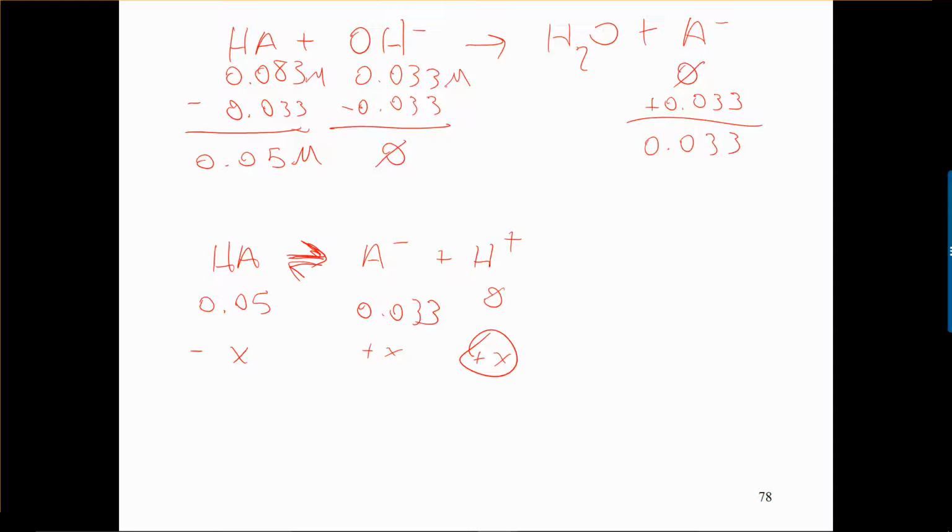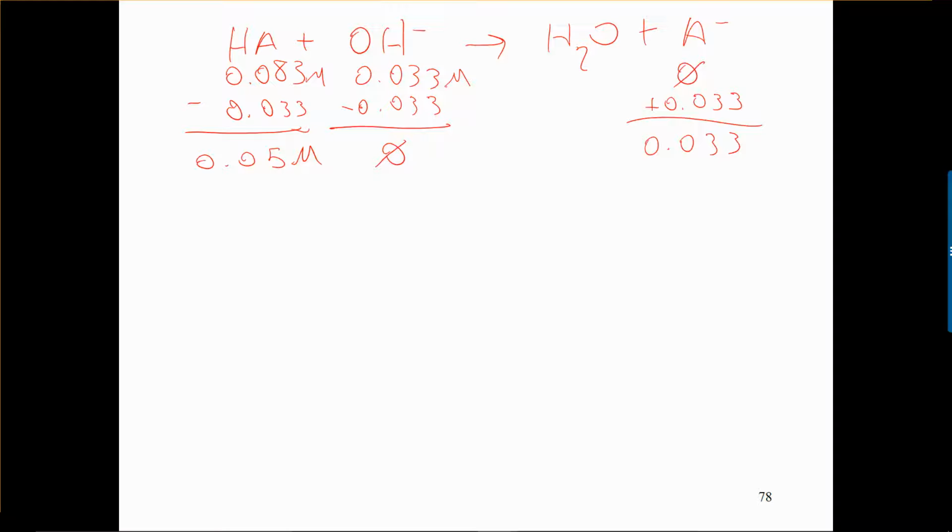Going back up there, why did you write 0.033 across all the way down? Because that's the amount of hydroxide that's reacting with the acid. I have 0.033 molar OH minus. That's what I just determined, right?